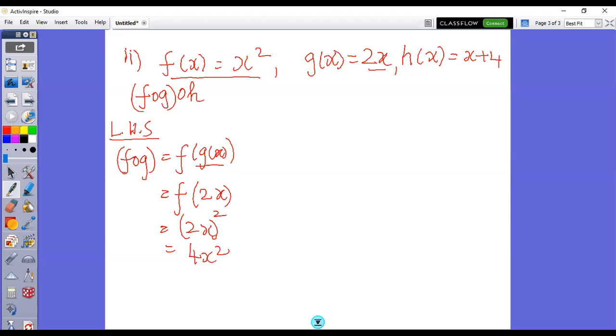Next, F composite of G composite of H of X. Already F composite G value is 4x square, 4 into x square.